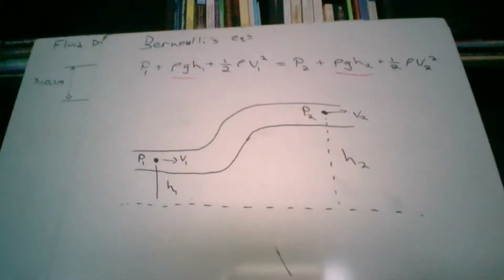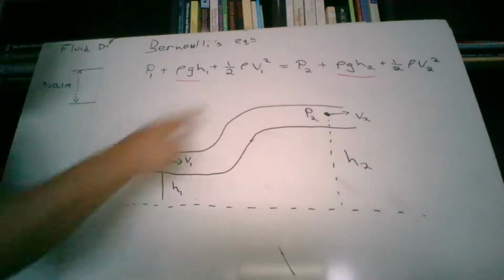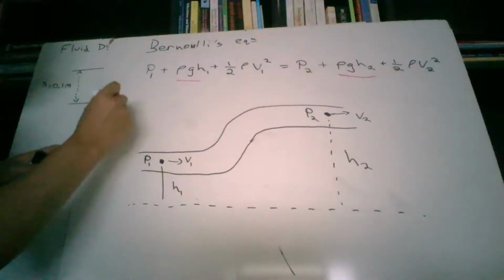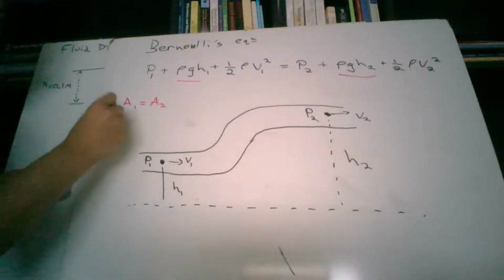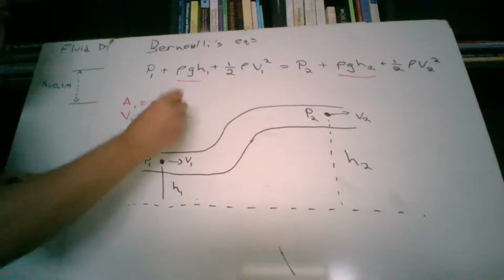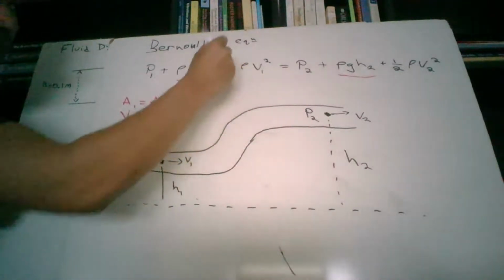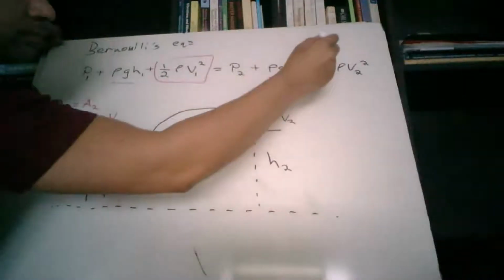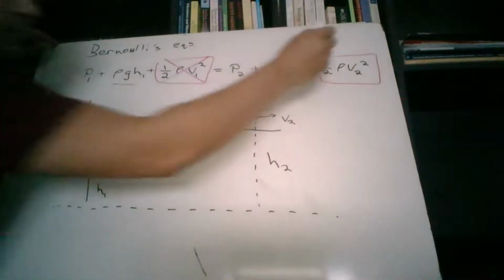Well, that makes our problem significantly easier now, this Bernoulli equation, because we just said that because A1 is equal to A2, velocity 1 is going to equal velocity 2, which is just equal to V. And so this term right here and this term right here are exactly the same, and they get canceled out.